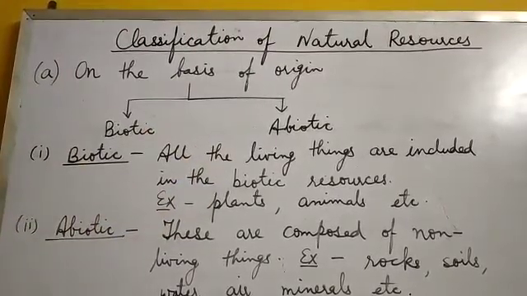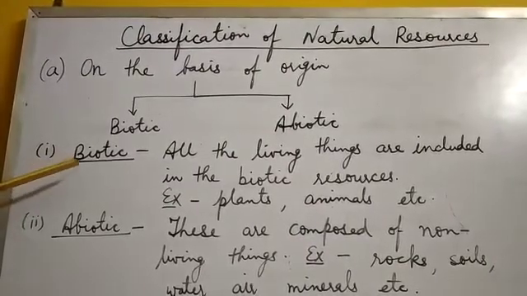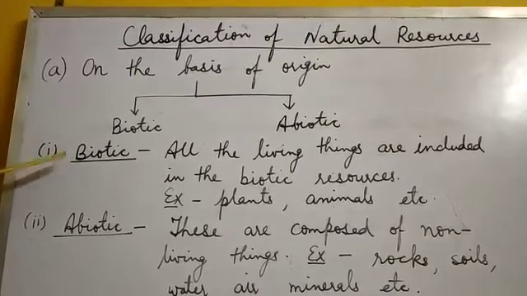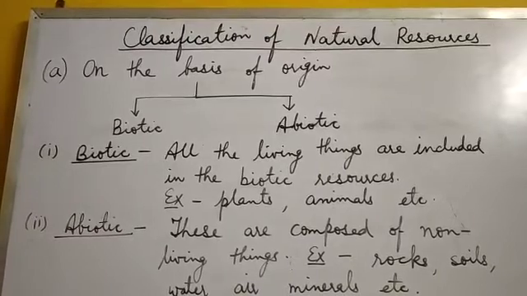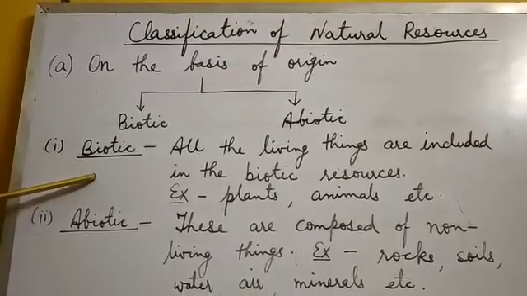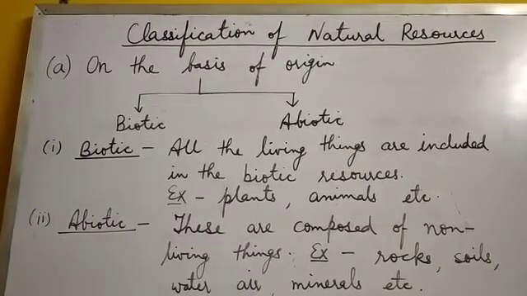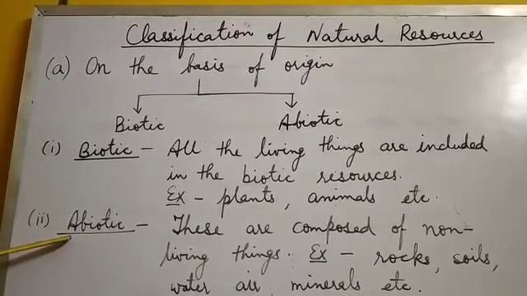They are obtained from the biosphere, and in biotic resources there is life. Flora, fauna, fisheries, animals, and microorganisms are all examples of biotic resources. They are also called organic or living resources. Second is abiotic resources.